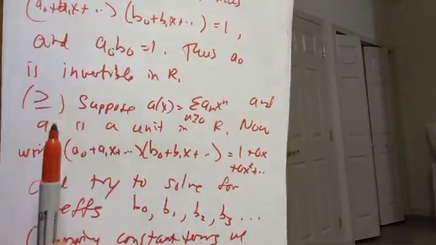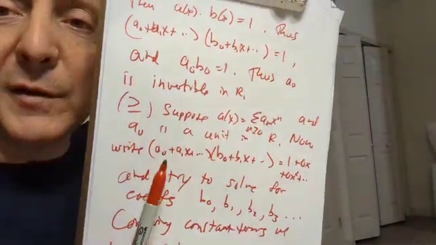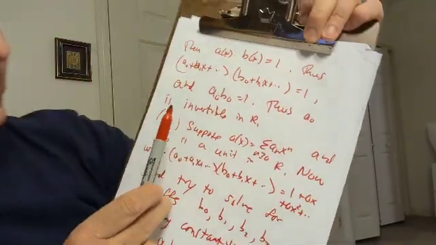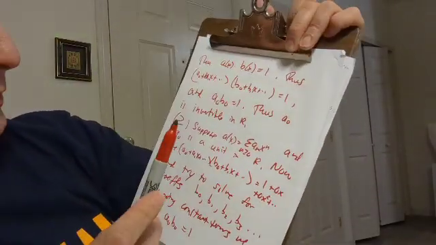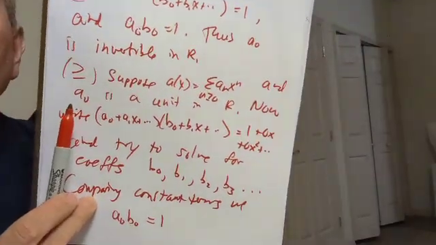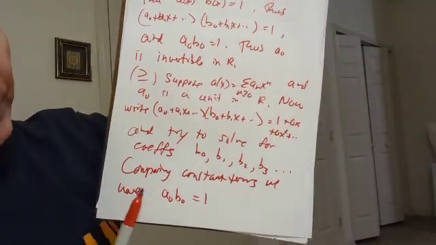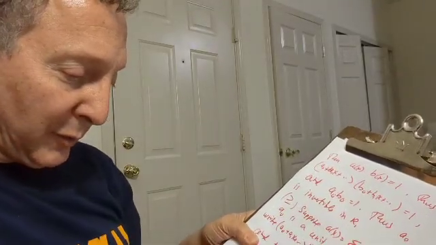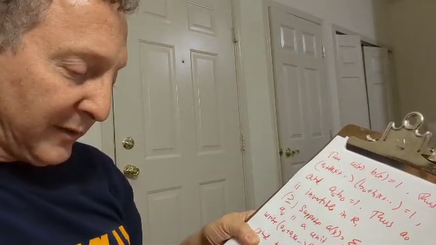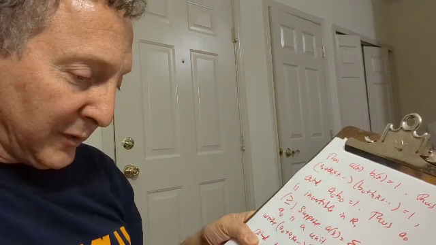Suppose that A(x) equals this power series with a0 a unit. So a0 is invertible. So if a0 b0 equals 1, that tells us b0 equals a0 inverse.